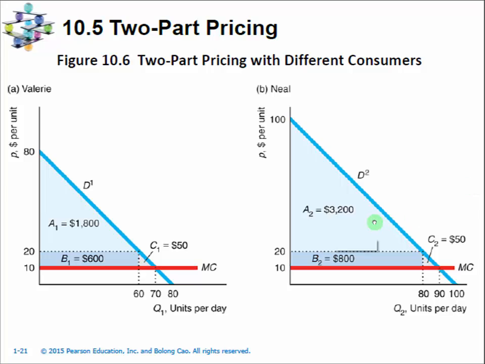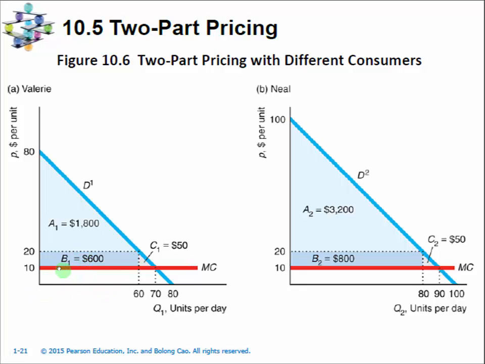And there is consumer surplus left unextracted from Neil, because Neil's total available consumer surplus to extract is $40.50, but the most we can do is to charge $24.50 to Neil, because there's no way you can charge Valerie and Neil a different access fee.